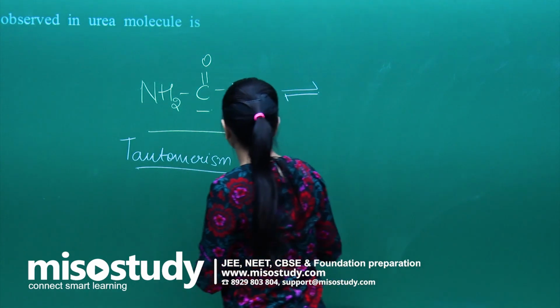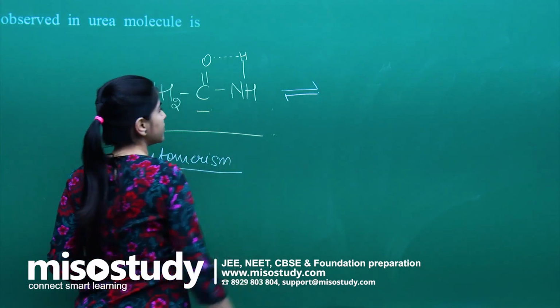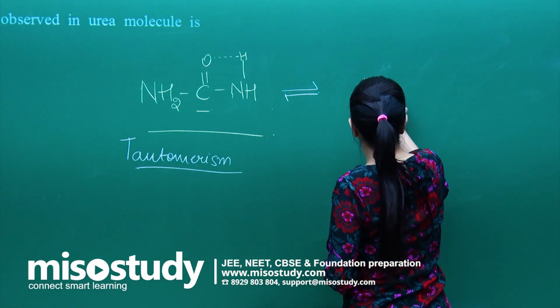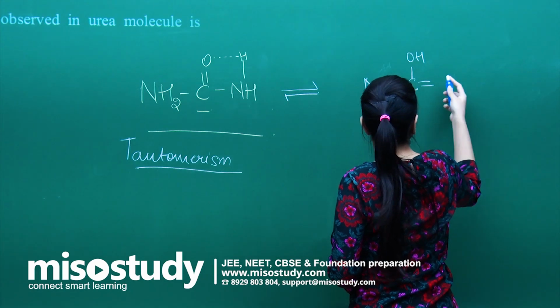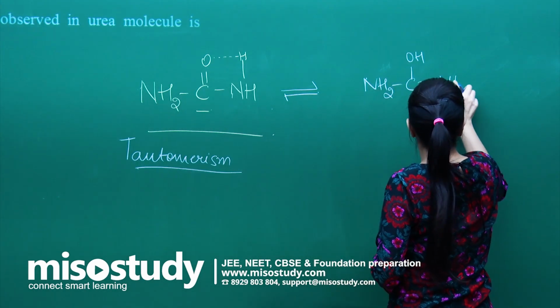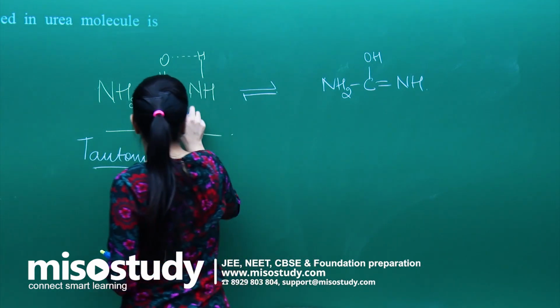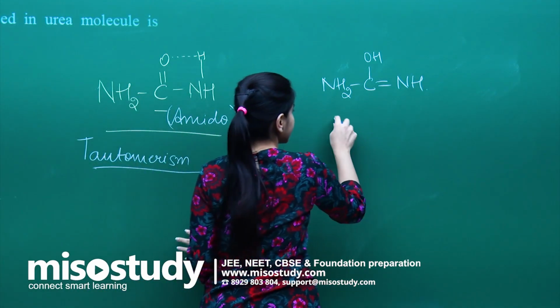This hydrogen will be acidic and will be attracted towards this oxygen. And how will I get the form? It will be like this. So it is the amido form and this is the imidol.